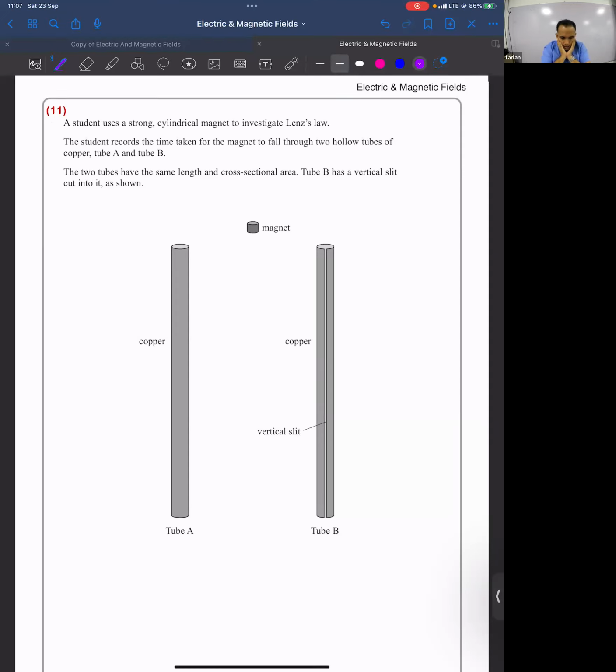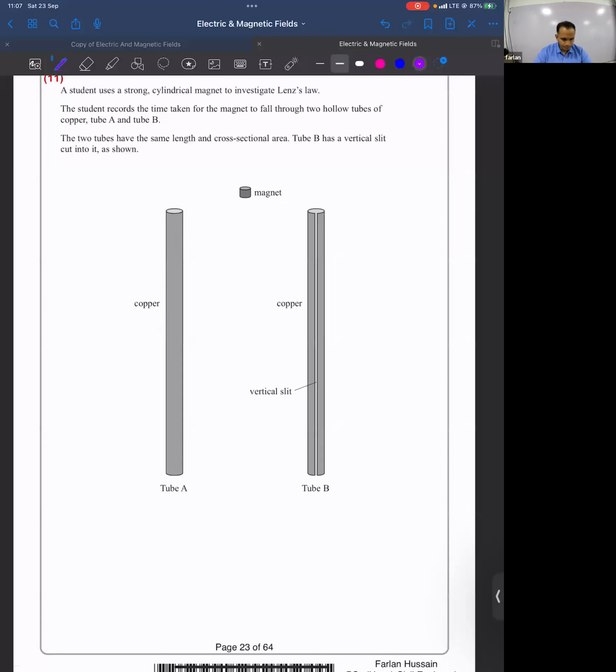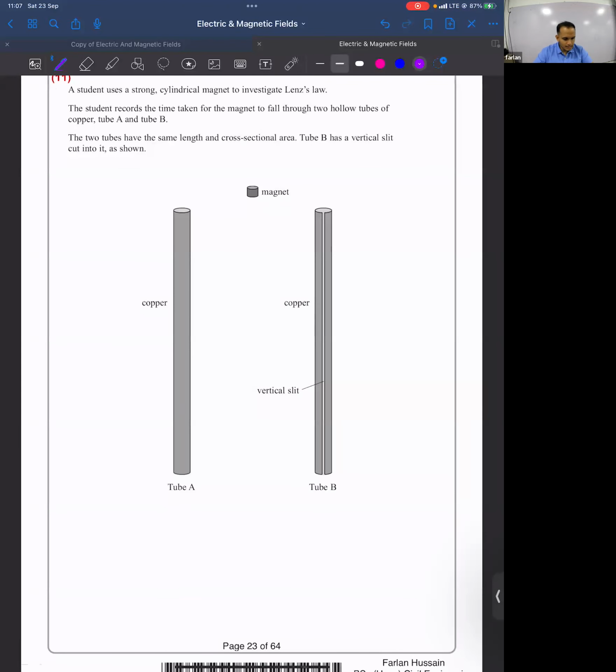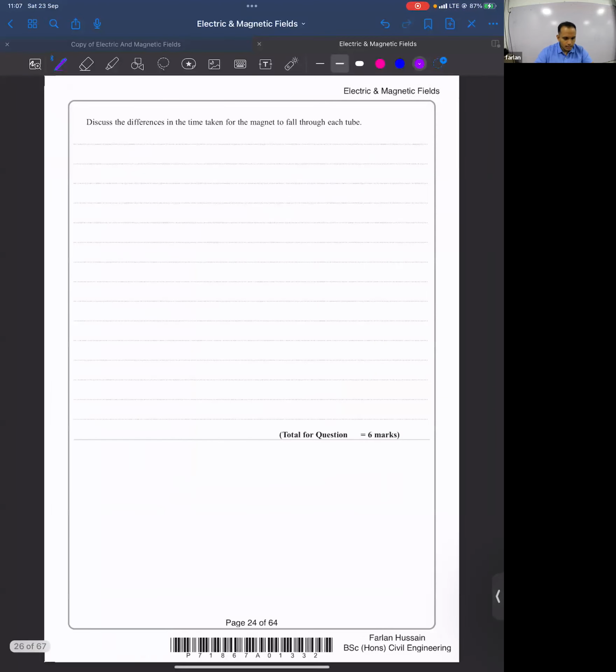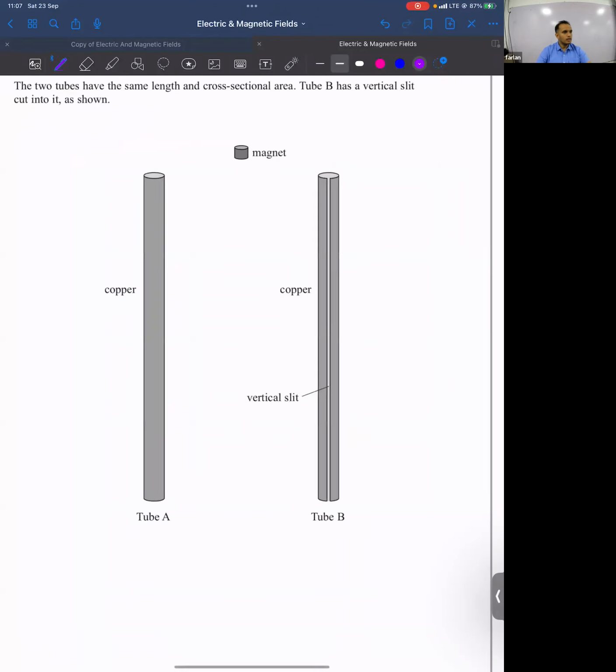The student records the time taken for the magnet to fall through 2 hollow tubes of copper, tube A and tube B. The 2 tubes have the same length and cross-sectional area. B has a vertical slit cut into it, as shown. Discuss the differences in the time taken for the magnet to fall through each tube. Okay, now stop your work and listen to me.